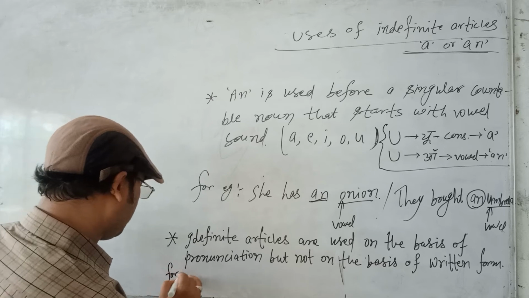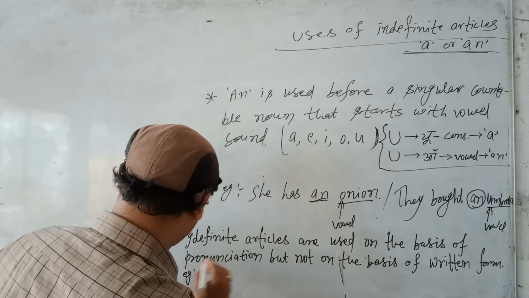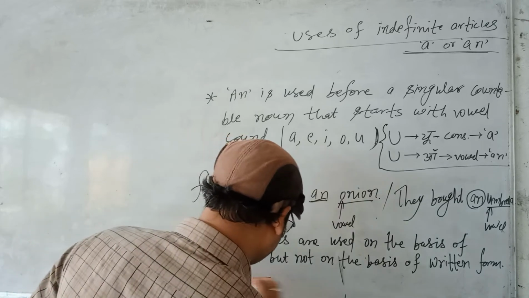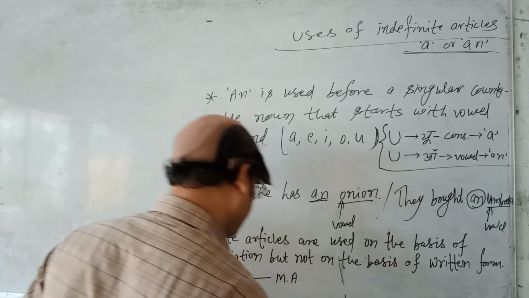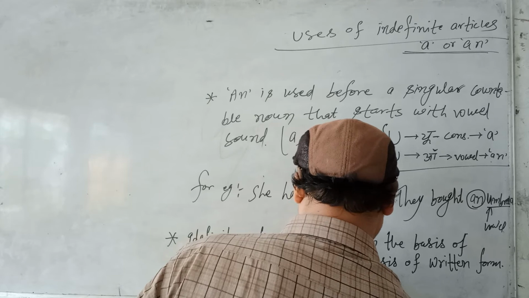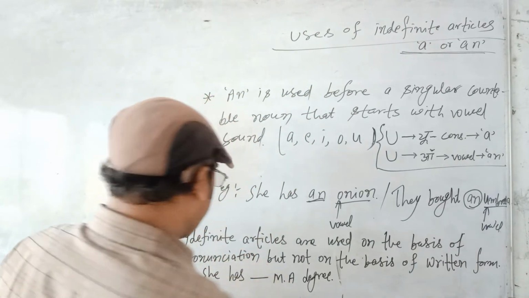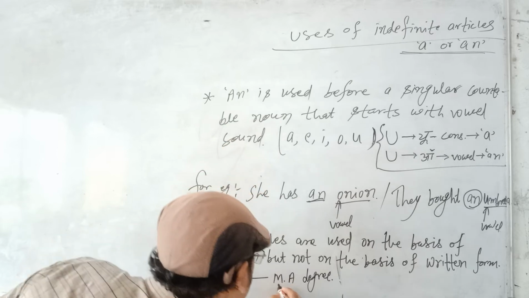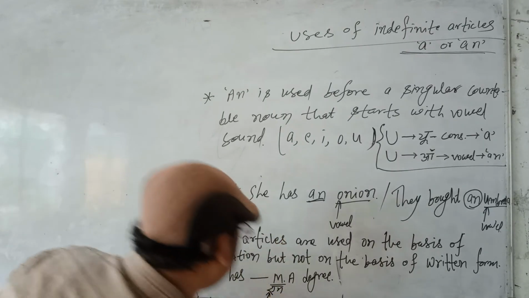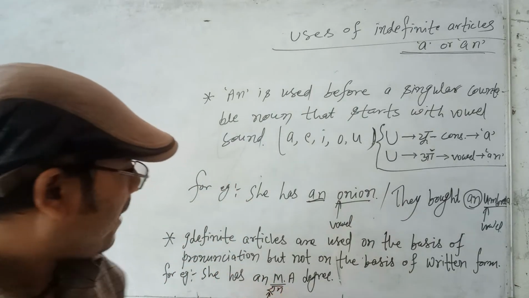For example, you can see here, she has an MA degree. We say "em". This M is pronounced with a vowel sound, so we use an: she has an MA degree.